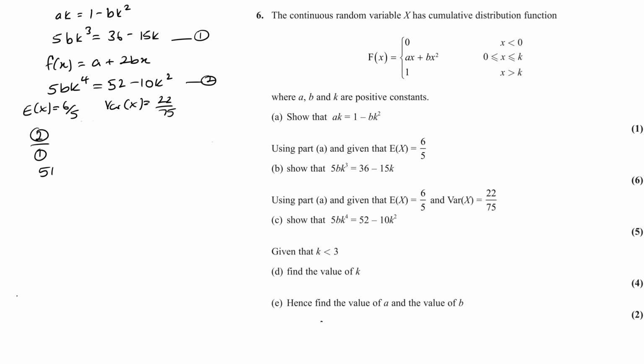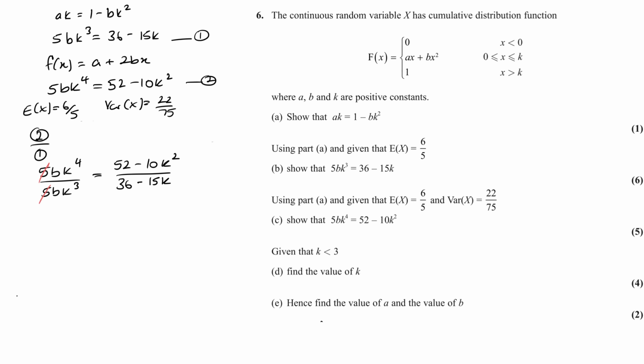Because that is 5bk to the 4 over 5bk to the 3 on the left hand side, 52 minus 10k squared over 36 minus 15k. So that's the first step.